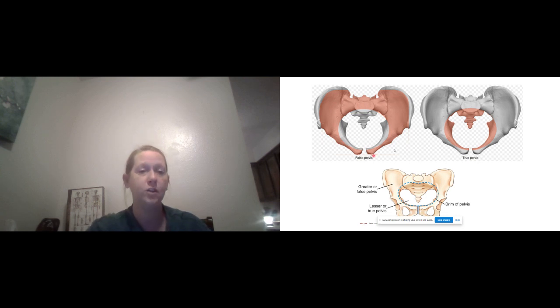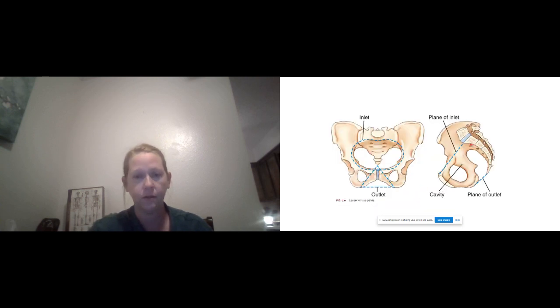Here's another picture to try and get it to where you could see that. So anything within this brim is in the true pelvis. Here's what they're looking at for the inlet and outlet. We're looking for the pelvic brim fractures that can happen along here.